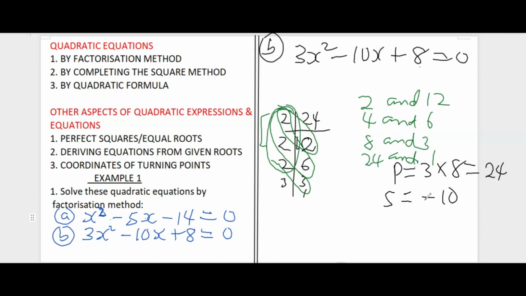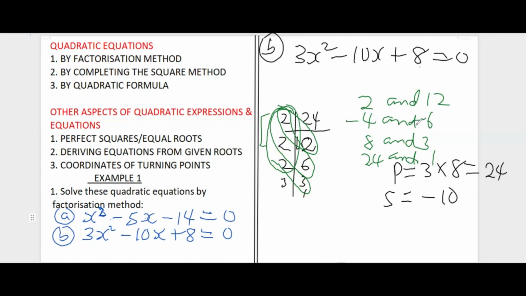But which of them can you adjust the sign for that will also satisfy the sum? If you put negative here, if you say 2 minus 12, it will actually give minus 10. But by the time you say 2 times minus 12, you won't get 24. But if you look at this one, what about if you give negative to both of them?